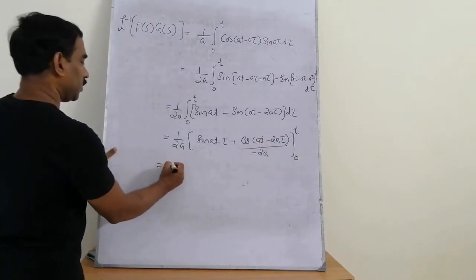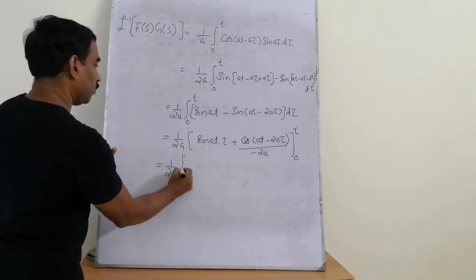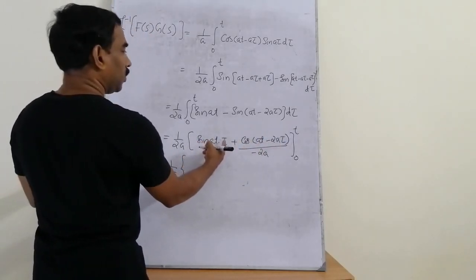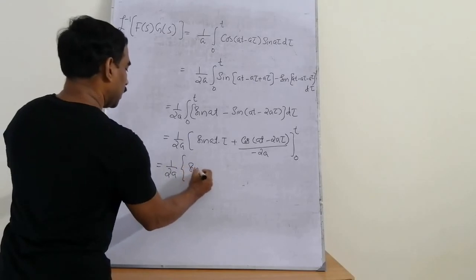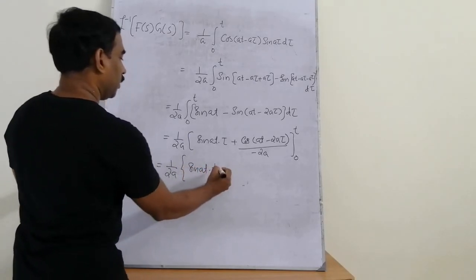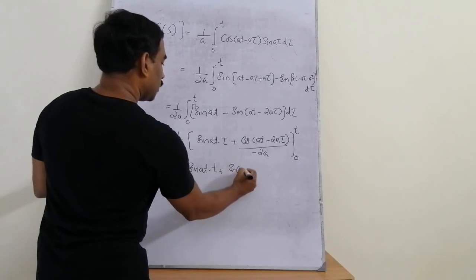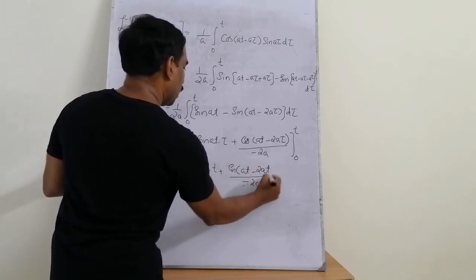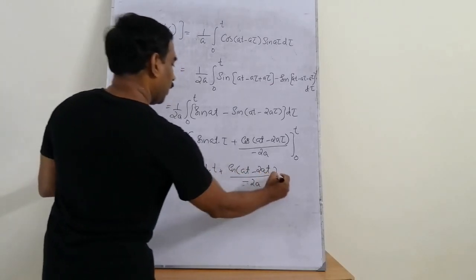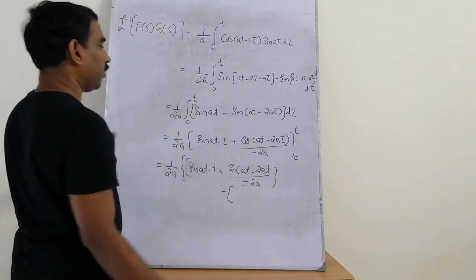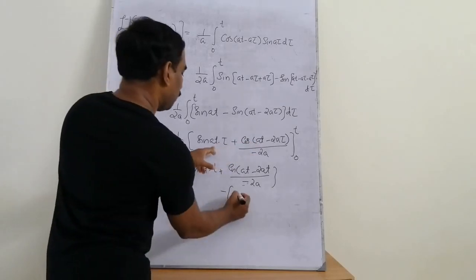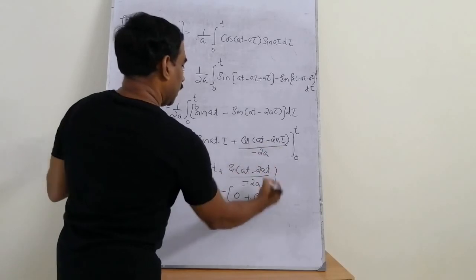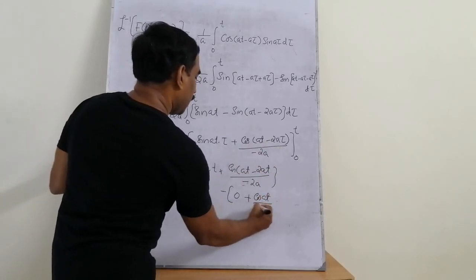Evaluating the limit, this is 1 by 2a into, for the upper limit, replacing every tau by t, sin a t into t plus cos(a t minus 2a t) divided by minus 2a, this is the upper limit, minus the lower limit. What is the lower limit? Tau is equal to 0, so the first expression becomes 0 plus cos a t divided by minus 2a.